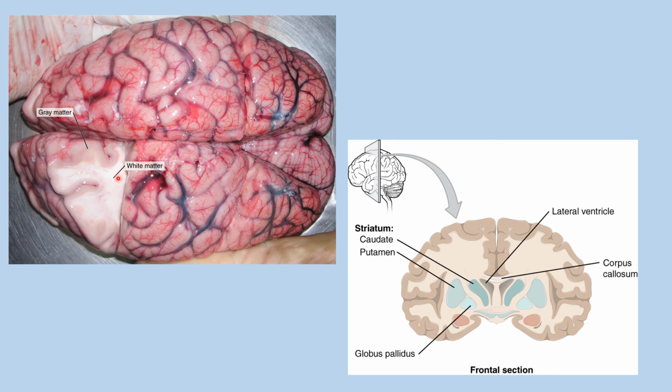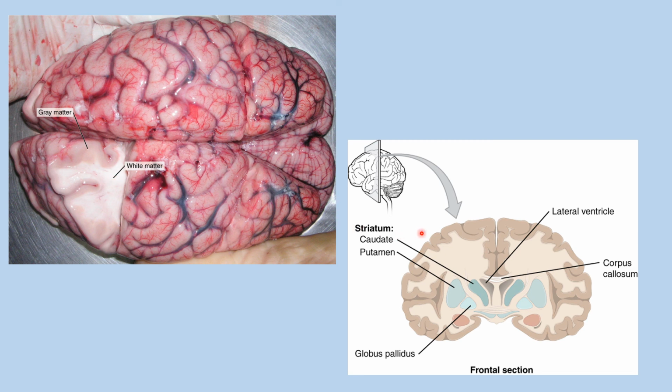And one of the reasons I'm pointing this out is when we study both the brain and the spinal cord in detail, you're going to see in the spinal cord it's reversed. The white matter is on the superficial and the gray matter is deep or more interior to it. And this white matter, as I said, is axons that have the myelin sheaths around them, the lipid layer around them, and it gives that whitish color to it.